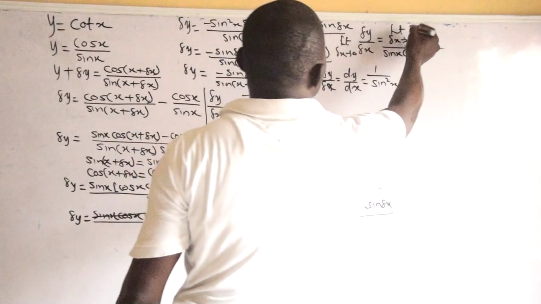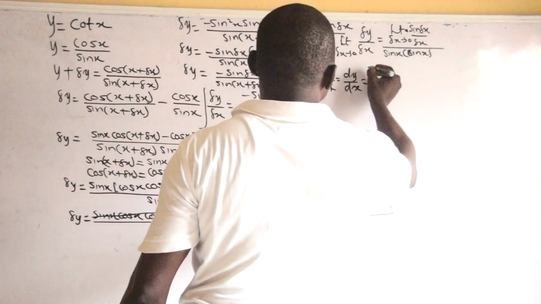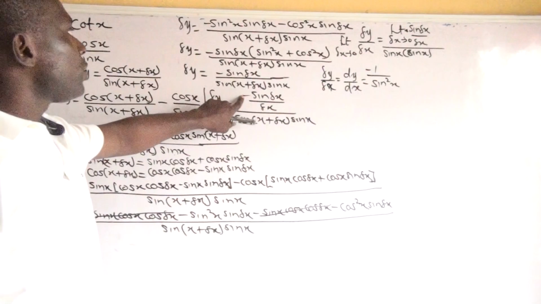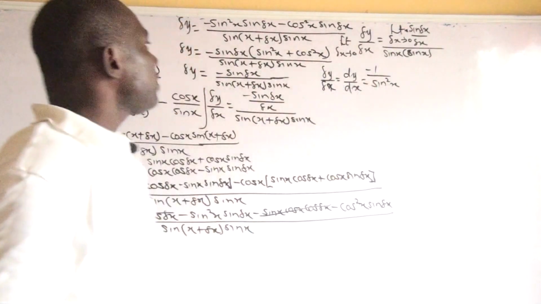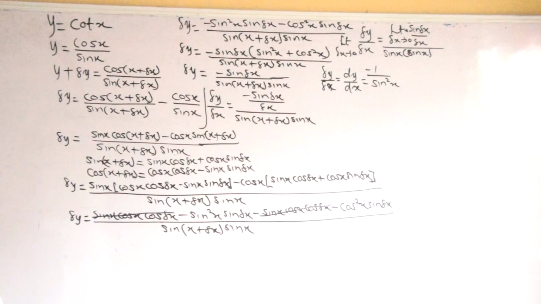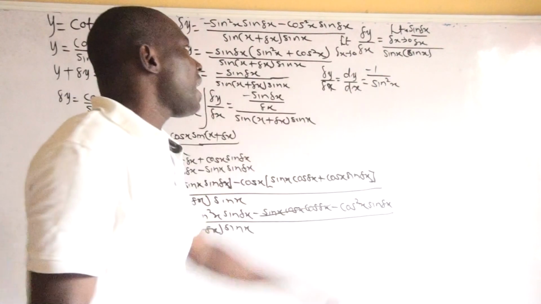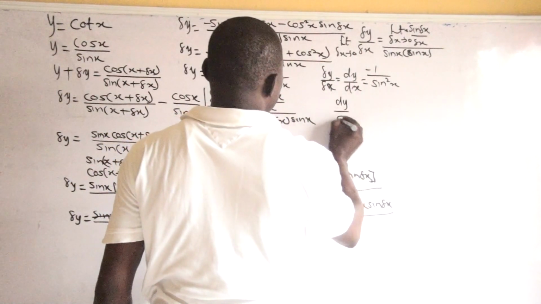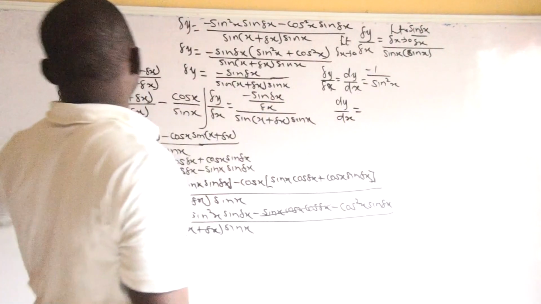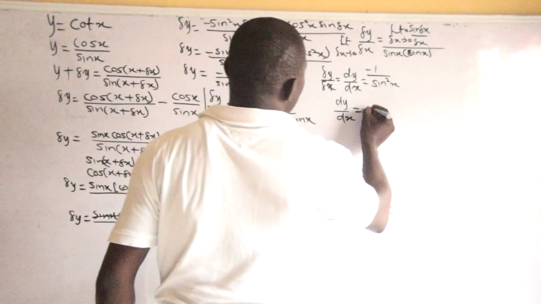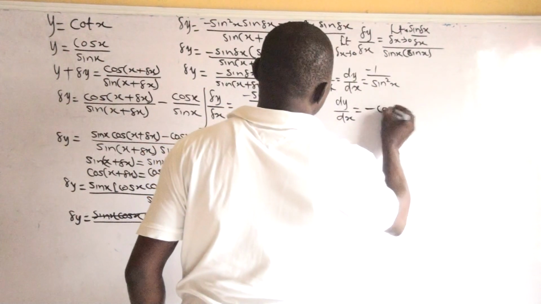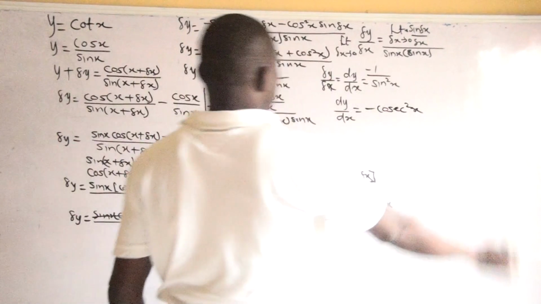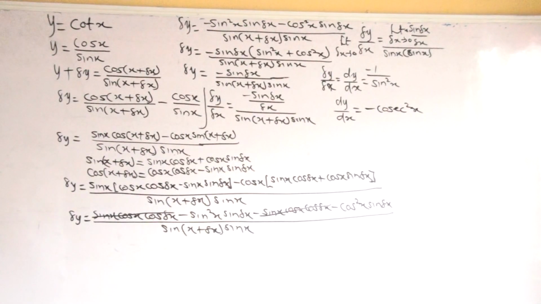Please, we know this is minus here, so it's going to give us minus 1 over sin squared x, and 1 over sin, the inverse of sin, is cosec, so that our dy dx of cot x becomes minus cosec squared x.